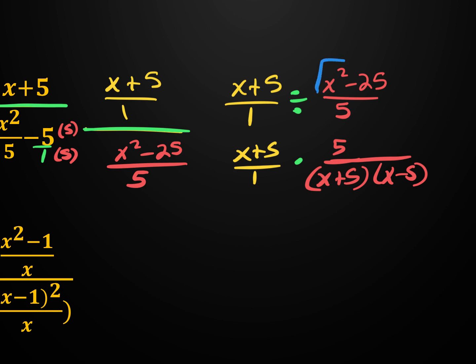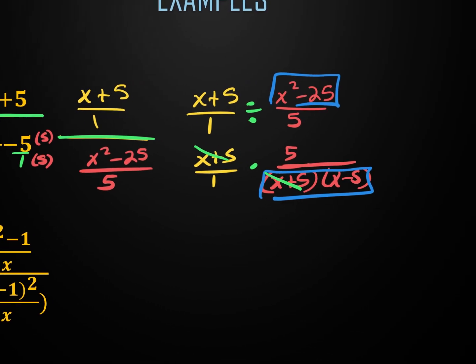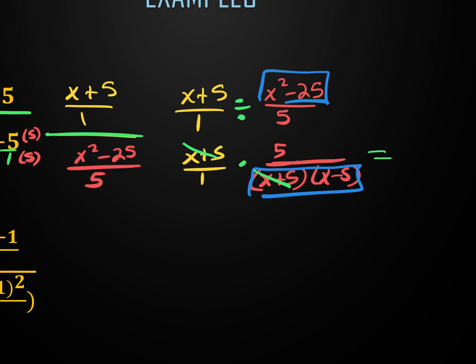Let's do it in blue. So this became this. Now I look for things to simplify. I can cancel the x plus 5 and the x plus 5. Nothing else simplifies. So now I'm left with 5 over x minus 5.